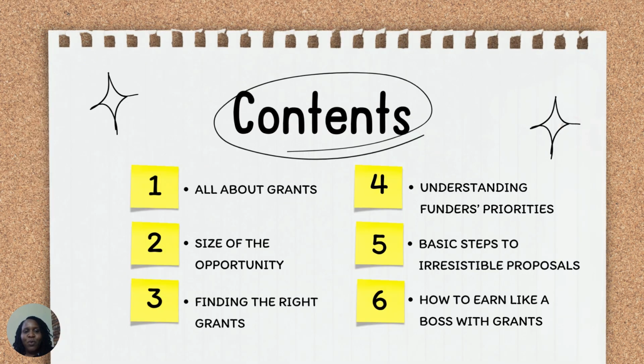So let's move forward. Winning with grants. Basically, I'm going to be covering six major areas. I'll tell you all about grants, the types, the nature, what they are. I will also help you understand the size of these opportunities.